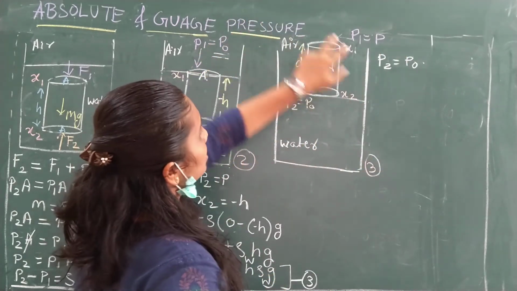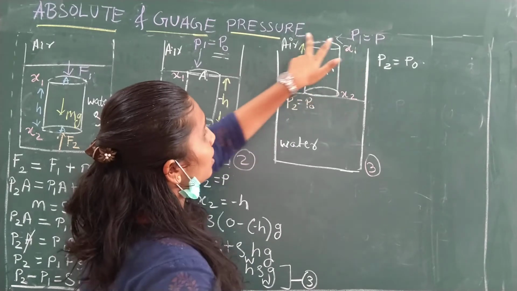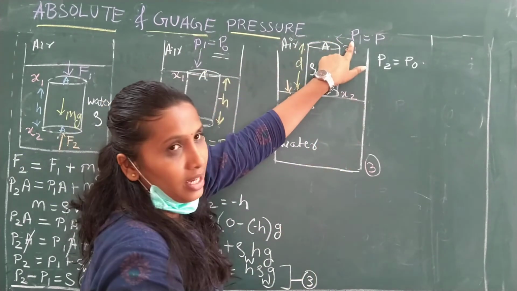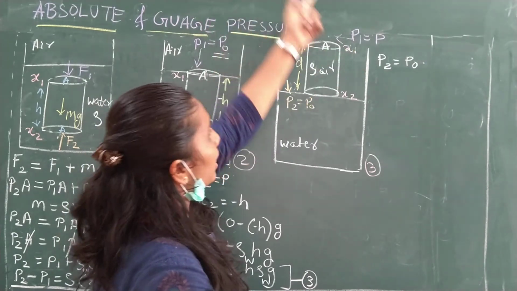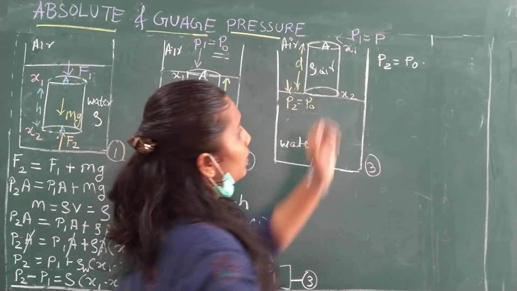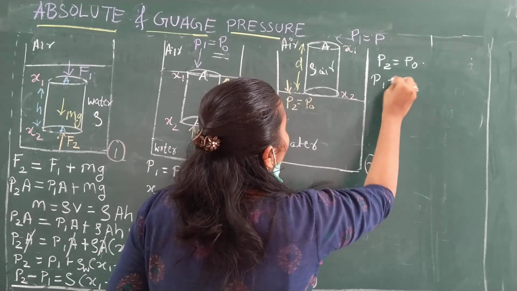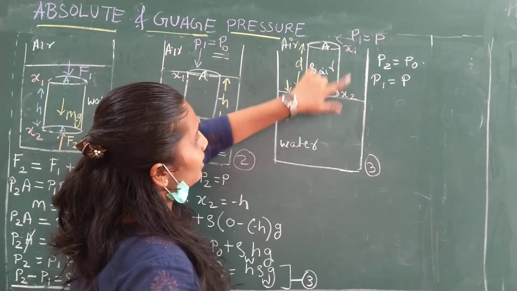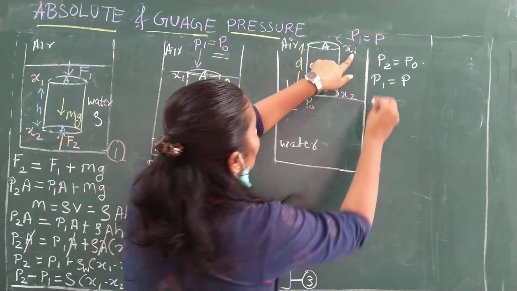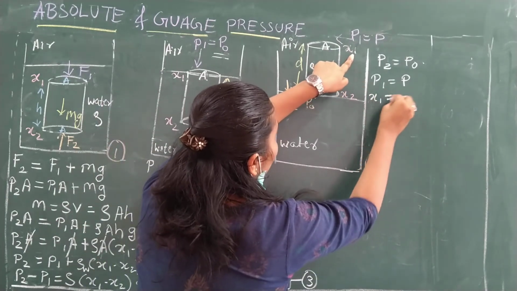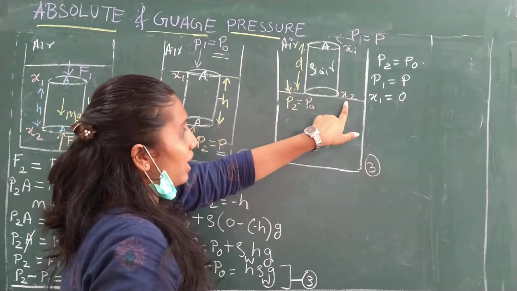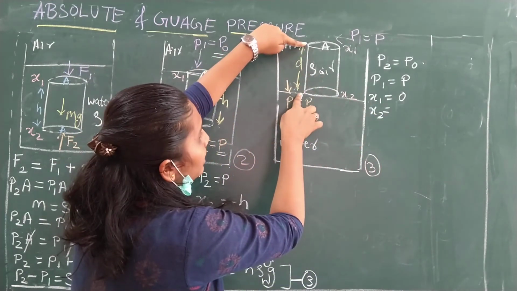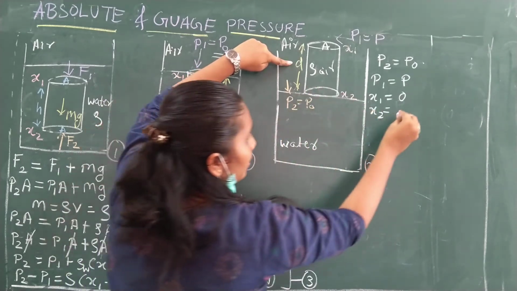The upper surface of this imaginary fluid having area A has a pressure P1, and this pressure is due to air, that is P. So here P1 will be P. Again, talking about the two reference points, this is my starting reference point, so x1 will be 0 and x2 will be the full height, denoted by d.